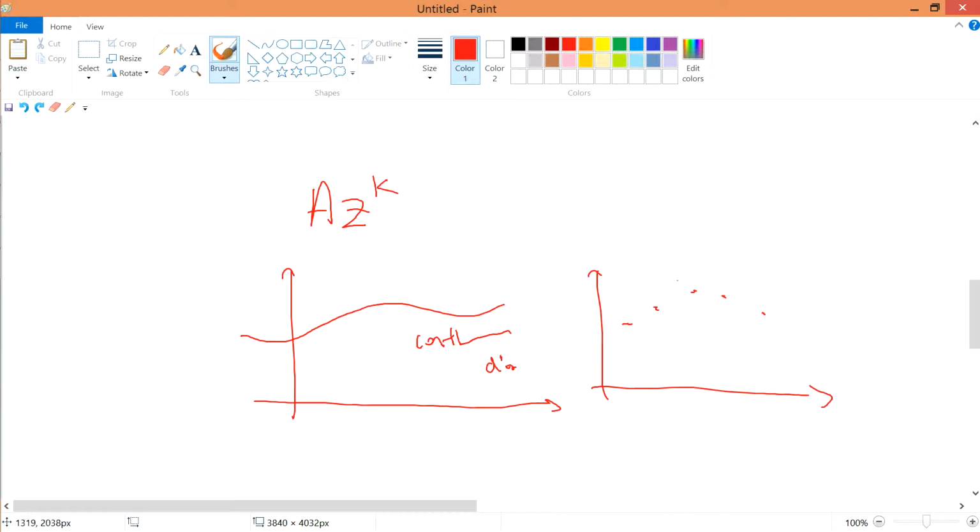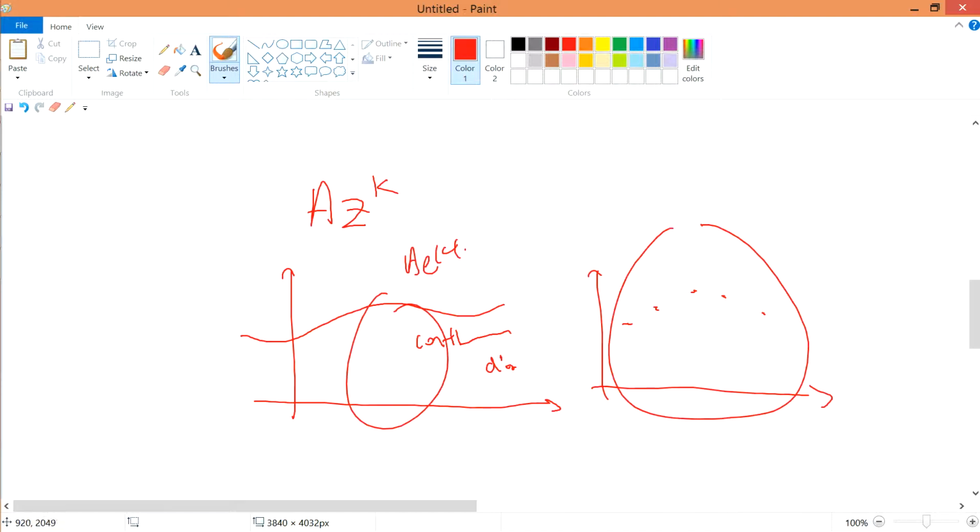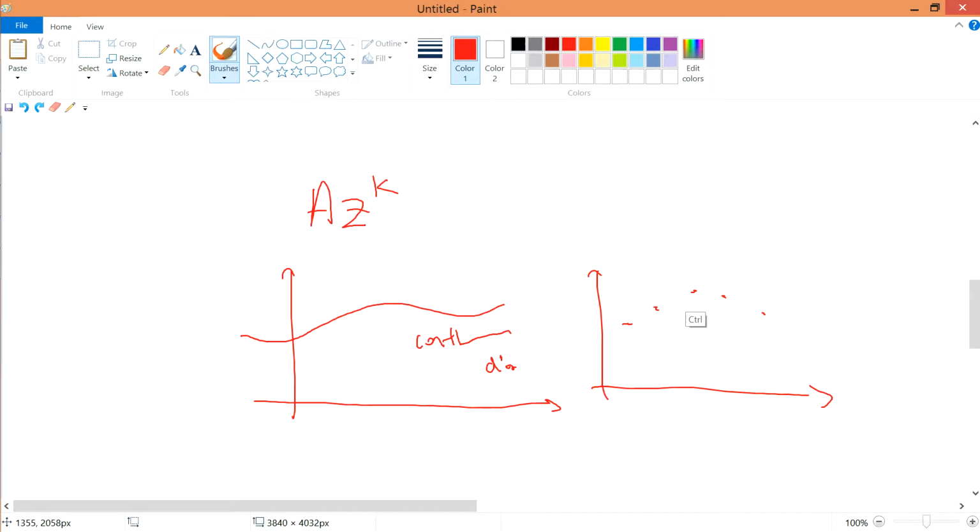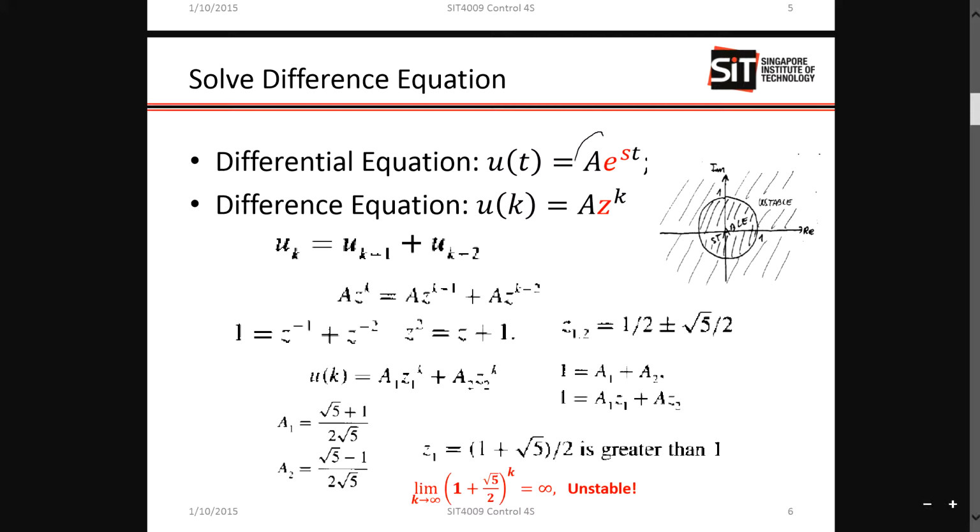Because of this phenomenon, we cannot use the e^(kt) method to plot and see stability. And this is why in the digital world, where points are literally in the air, we're going to use z^k to plot and see whether it is stable or not. Therefore, in our case, e^(st) in the u(t) domain is written as z^k in the u(k) domain.